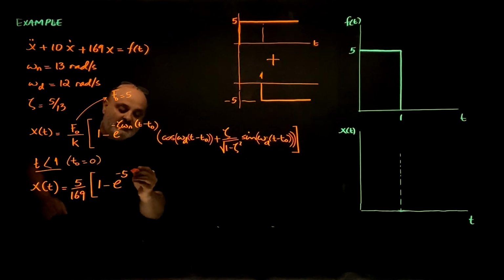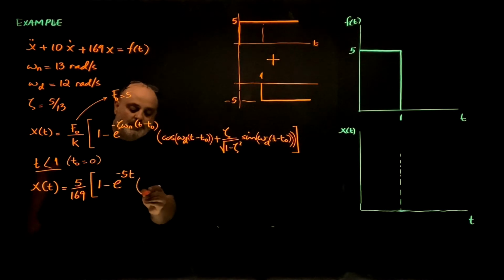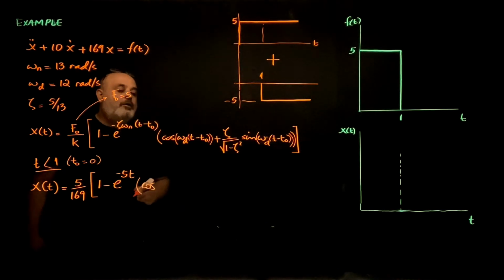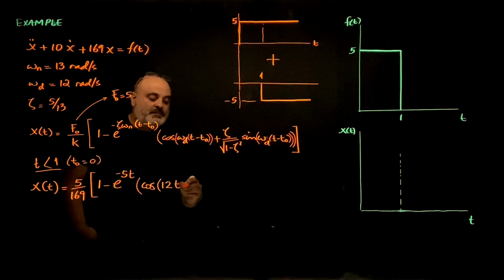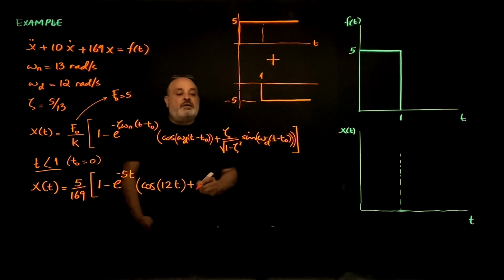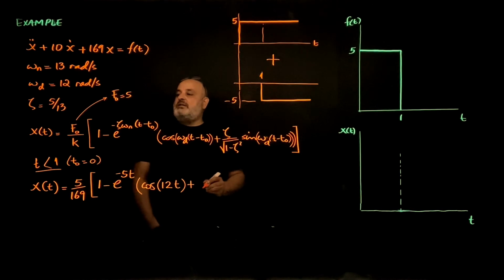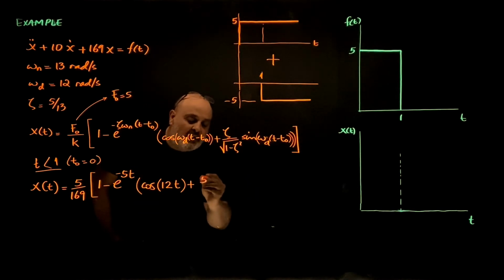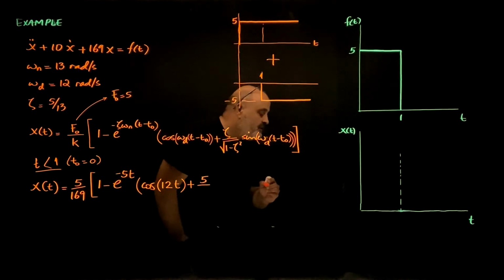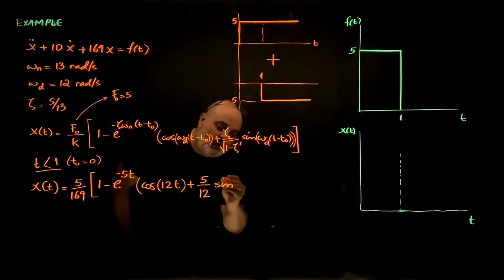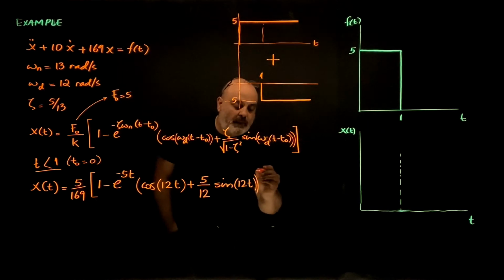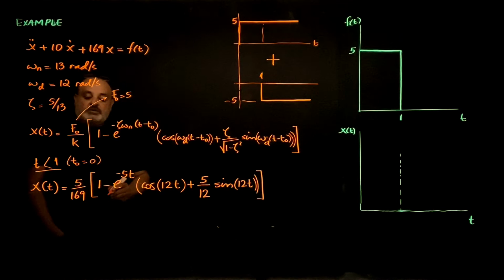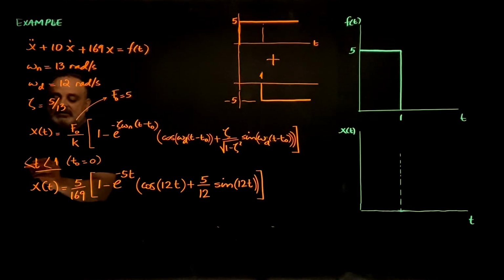So this is going to be e to the -5t times cosine of omega d, which is 12, times t minus t0, which is t, plus zeta divided by the square root of 1 minus zeta squared, which is 5 divided by 12, times sine 12t, and that's my response x of t in the region between 0 and 1 second.